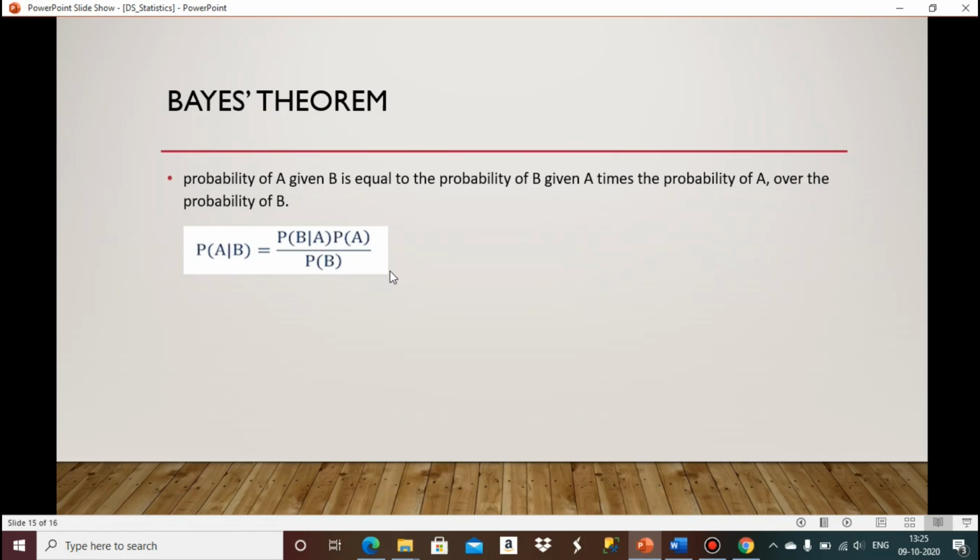This theorem will help you in machine learning algorithms, as you will see as we move on. It is a very important theorem which helps us in finding the conditional probability of different events.